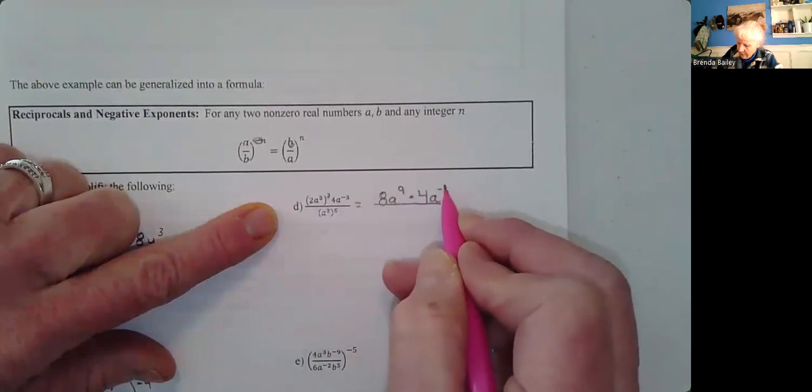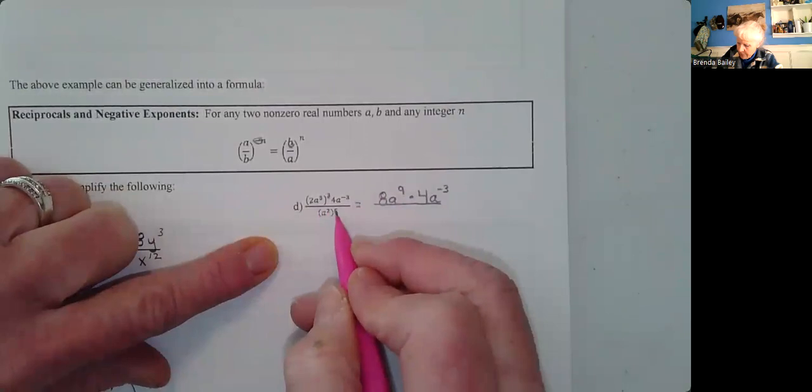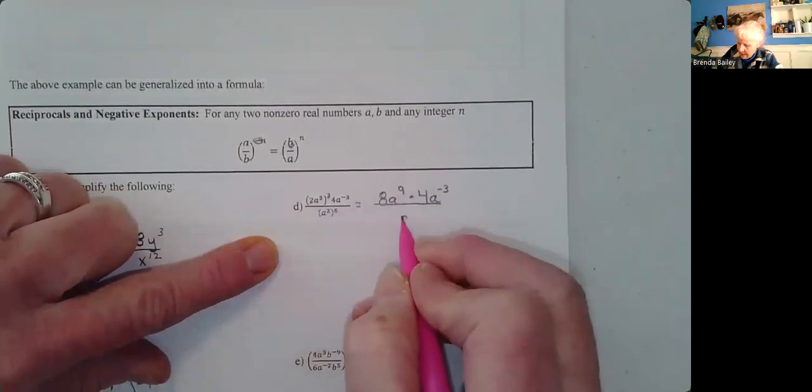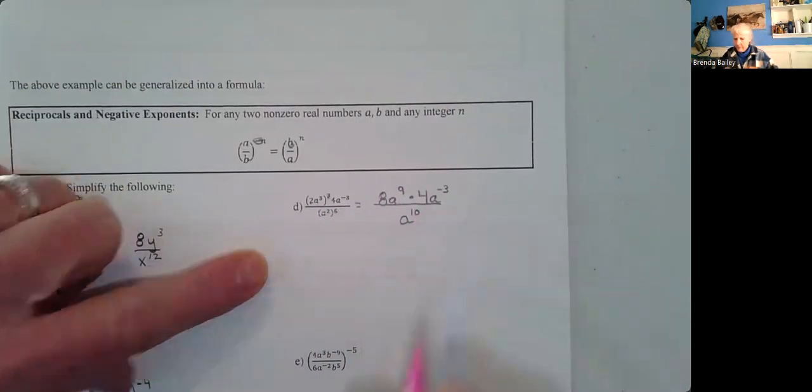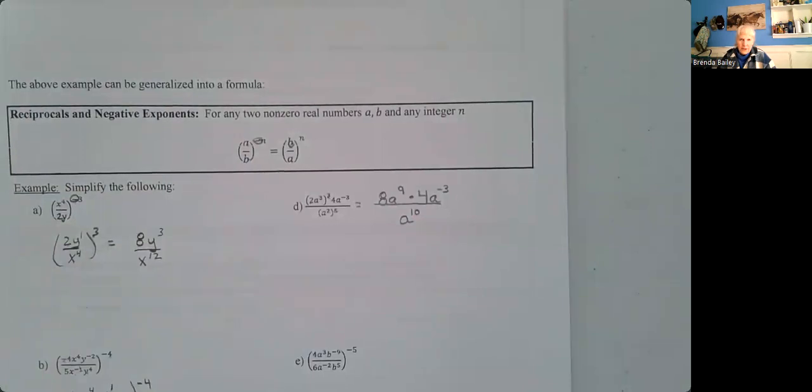4a to the -3. This parentheses is a to the 10th. Hopefully I didn't lose you. I just took care of those power to a power. There was nothing to do inside the parentheses themselves, so I just went straight to exponents. So now we'll multiply here.